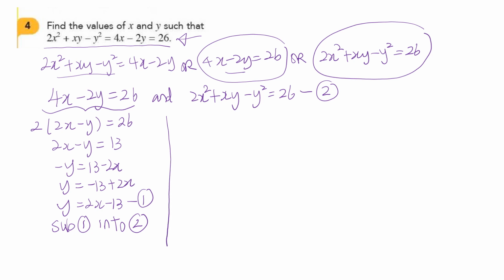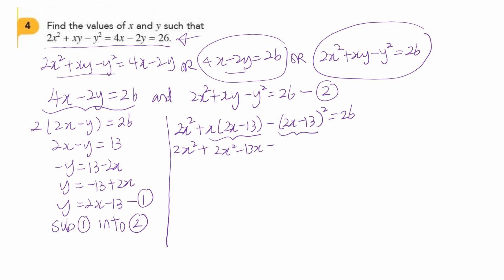Okay, let's see what we get. So we will have 2x squared plus x multiplied with 2x minus 13 minus bracket 2x minus 13 squared, gives you 26. Okay, we expand this guy. That gives us 2x squared minus 13x. I'm going to expand this one here, but be very, very careful. Please put a huge square bracket inside.